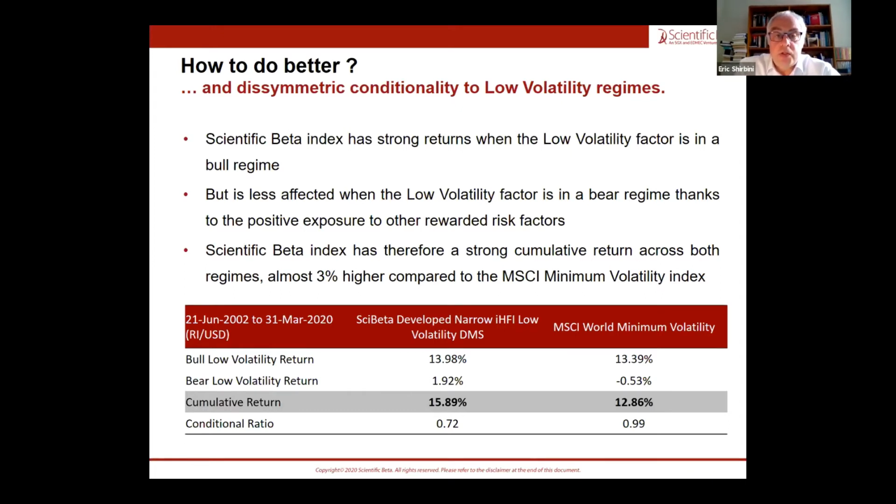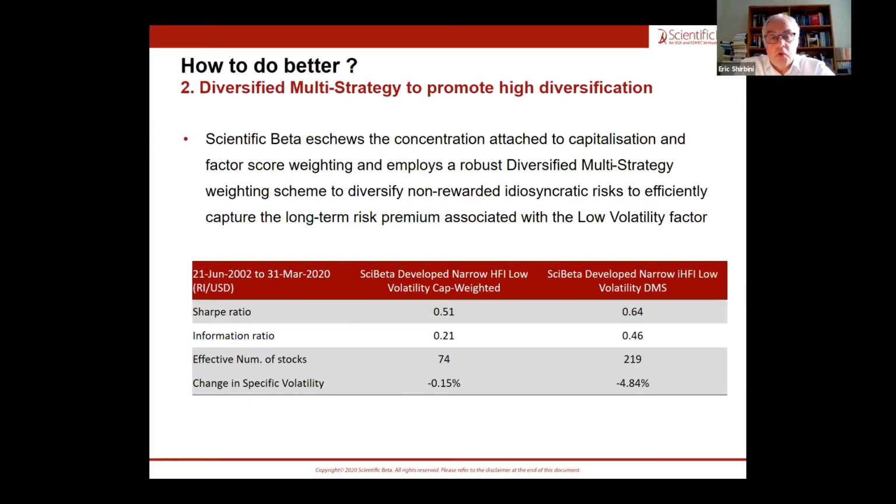Now let's address the second concern about defensive strategies, which is the concentration problem. A lot of low volatility strategies are highly concentrated. The optimization approach tends to lead to high concentration in individual securities and therefore exposes you to a lot of stock-specific risk.